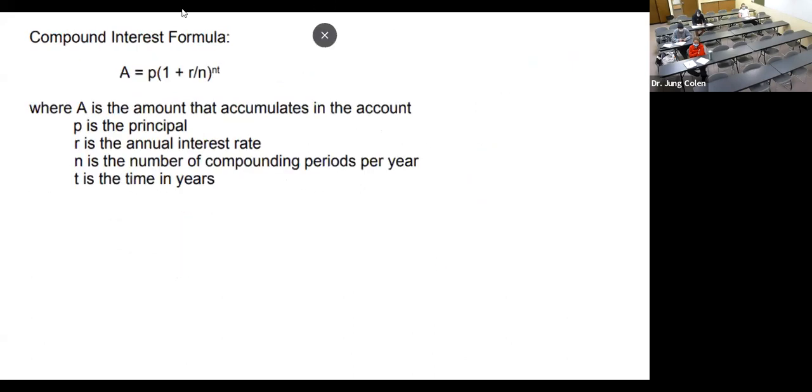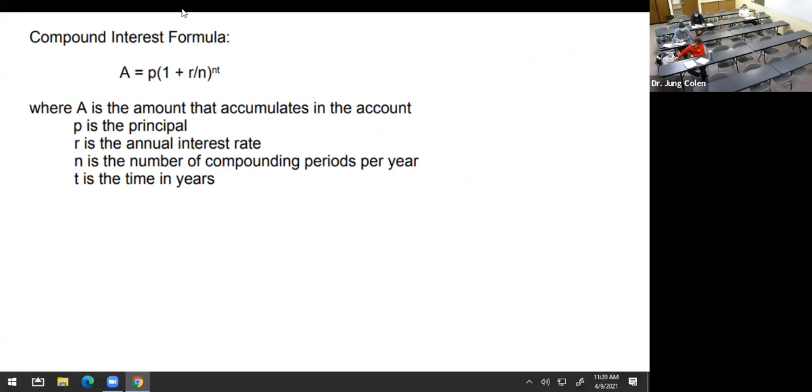Okay, so here is the compound interest formula. Can you write it down? A is what? The total amount, okay?